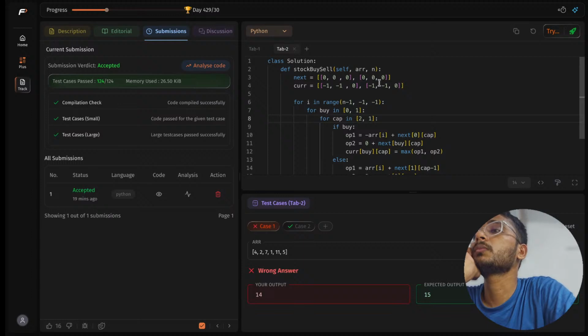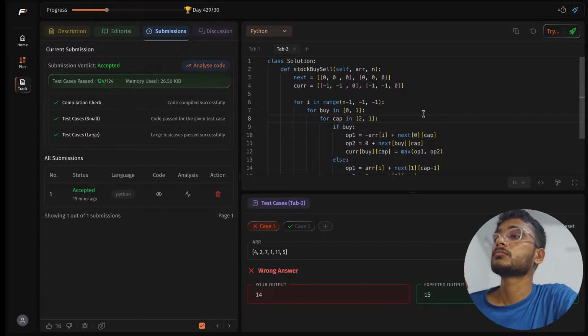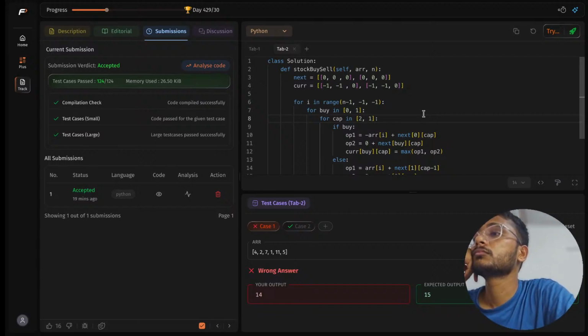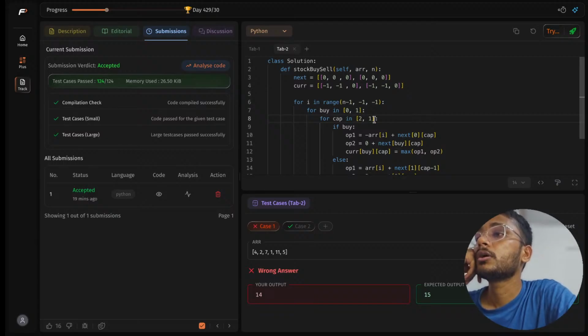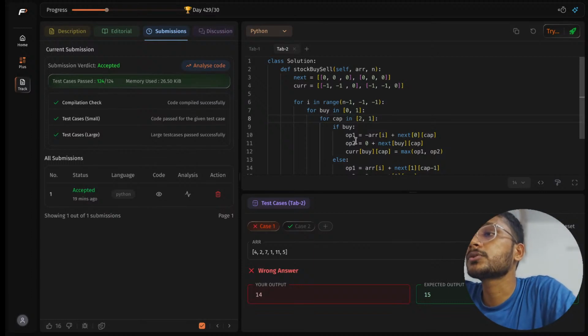At starting, everything is -1, 0, 0. And -1. So I will be this, and then buy between 0 and 1. Okay, if buy, that means you can buy it. If you are buying it, then what are the options you have? Option buy.